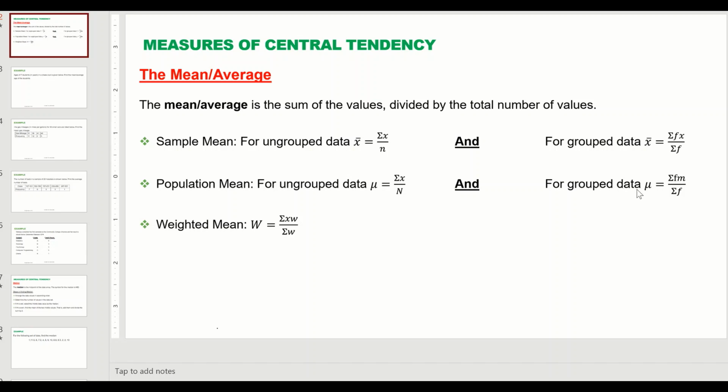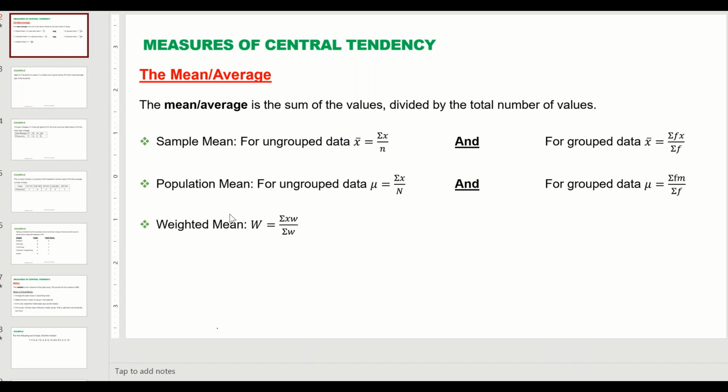On the other hand, for the grouped data, the mean mu is equal to the sum of f times m, that is the sum of the frequency multiplied by the midpoint of the class, divided by the sum of all frequencies.